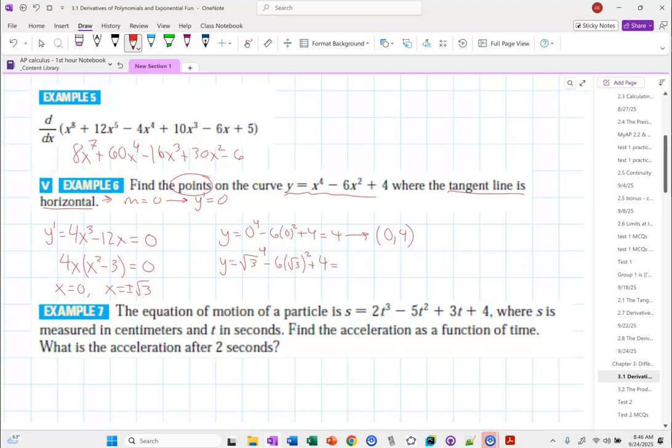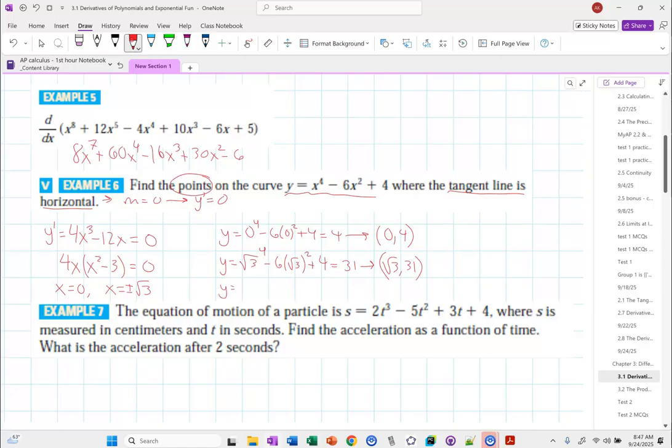Root 3 to the 4th is 9. Excellent. Root 3 squared is times 6, plus 9 was 27, and then plus 4 more is 31, I think. Again, you could use a calculator to do this. I'm just getting mental math going.